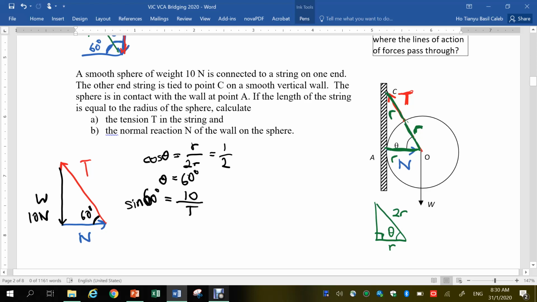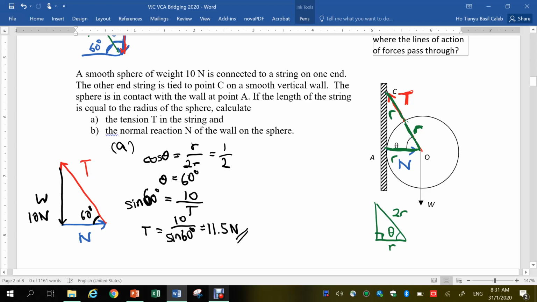If we rearrange, T is 10 over sine 60 degrees. We get 11.5. That's your answer for part A.